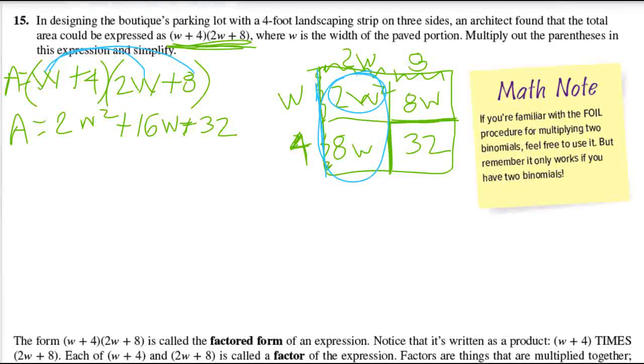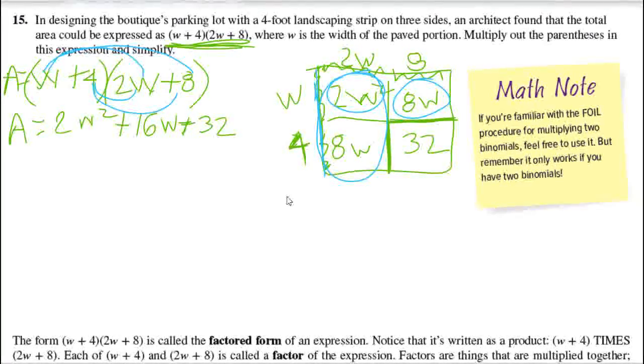So that's W times 2W plus W times 8. And then 4 times 2W plus, actually most people usually do it on the bottom. 4 times 2W plus, I multiply my 4 times my 8, which is what I did here.